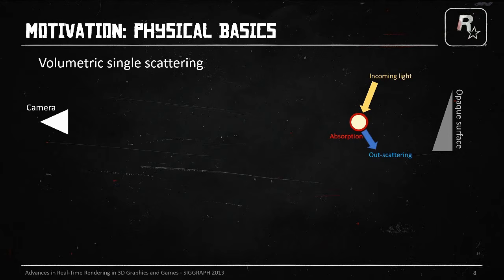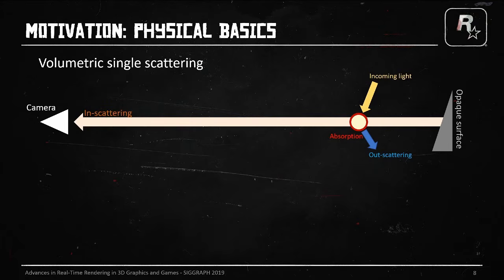So that's either outscattered, where the light can interact with other particles or surfaces again, which is called multiscattering, but the inscattered part reaches the camera and is the part we are interested in for single scattering. And of course, as long as there are more particles in the way, these need to be integrated as well.